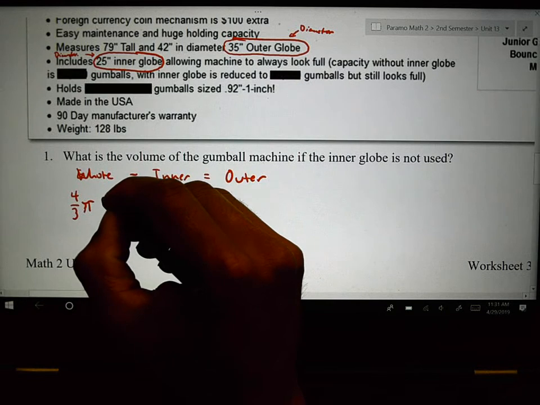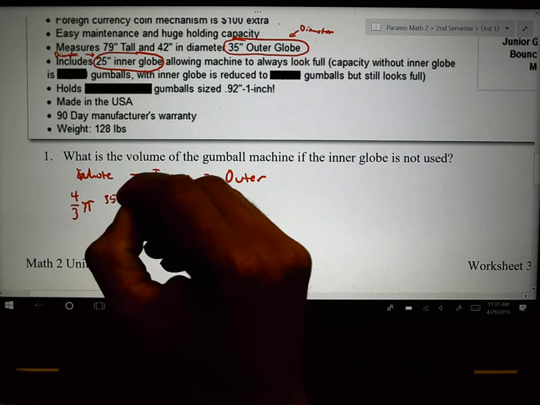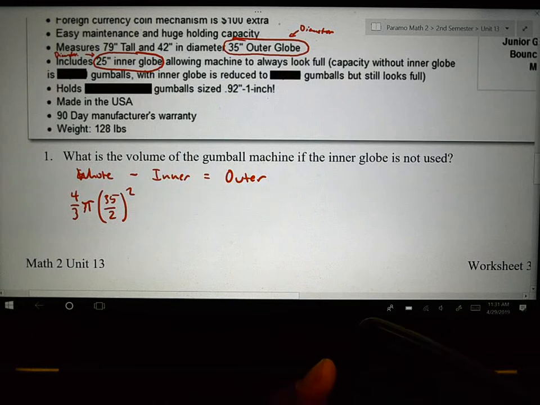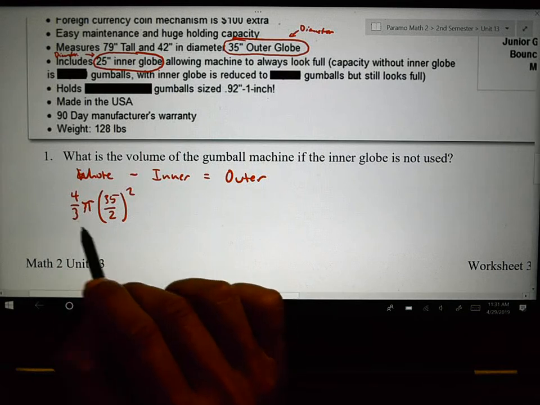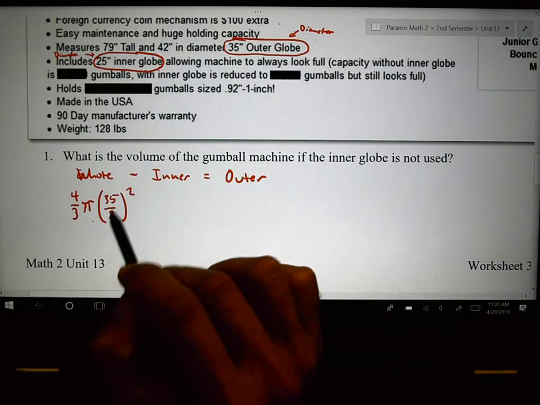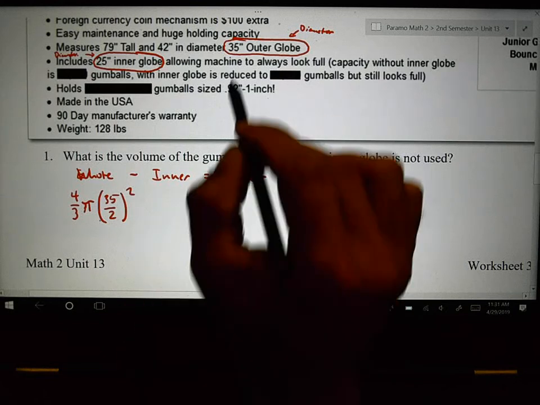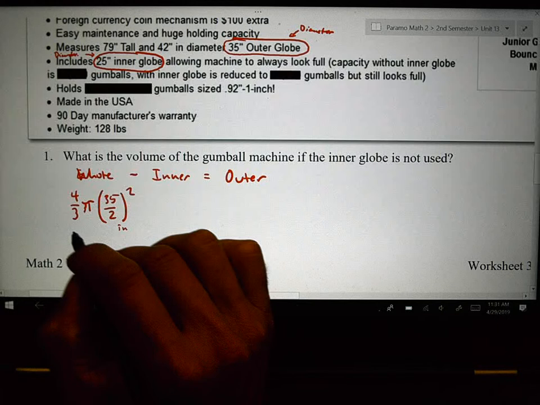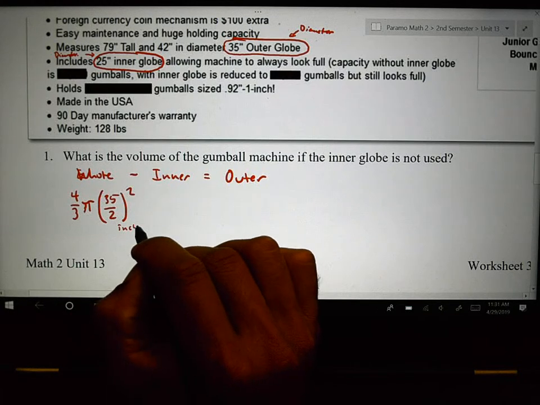You can do it as a decimal, or you can leave it as a fraction. It's up to you. It's 17.5 or 35 over 2, same thing. This is going to calculate the volume of the outer globe in terms of inches.